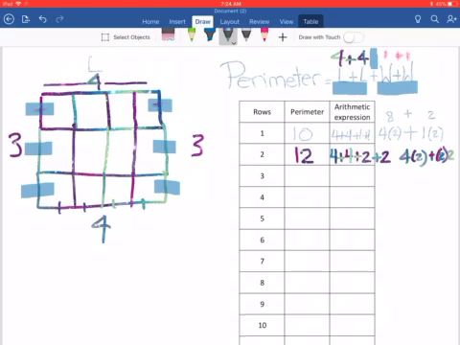So 4 plus 4 is 8, plus 3 is 11, plus 3 more is 14. 4 plus 4 plus 3 plus 3, or 4 times 2 plus 3 times 2.